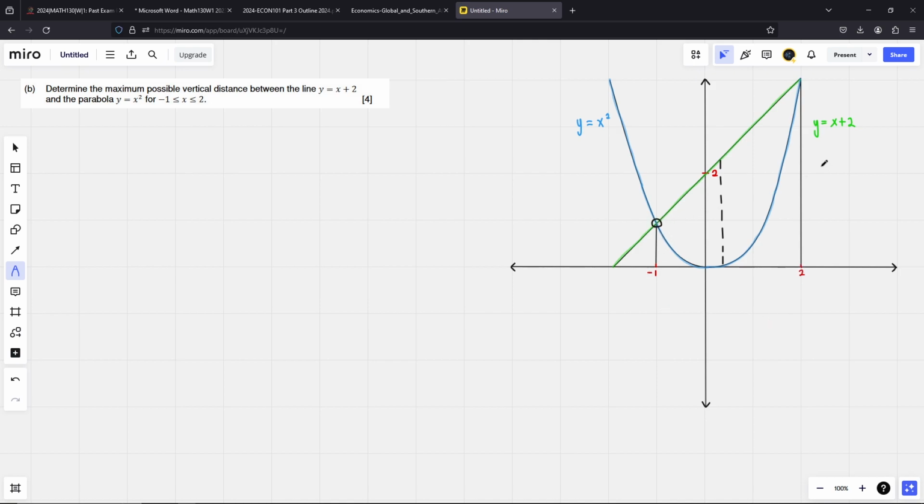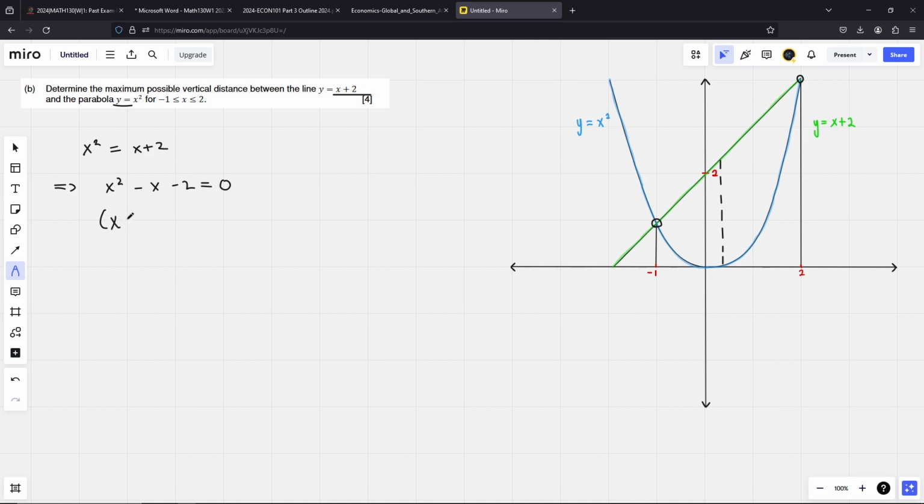You might ask me, how do I know that these two points are the intersection points? Well, if you say I want to know where this one is equal to this one, then you would solve for that. So you'd say x² - x - 2 = 0.